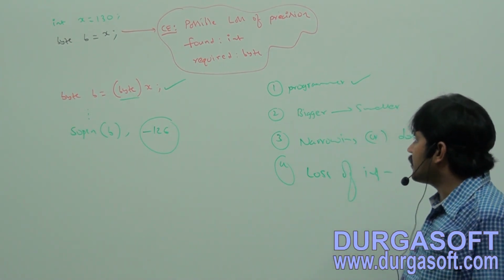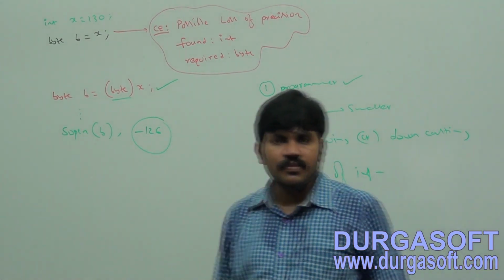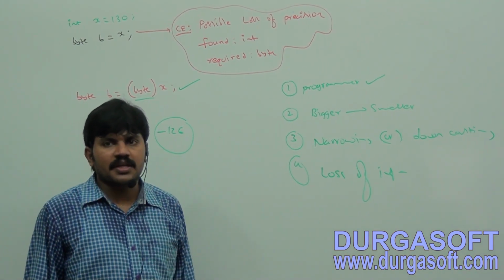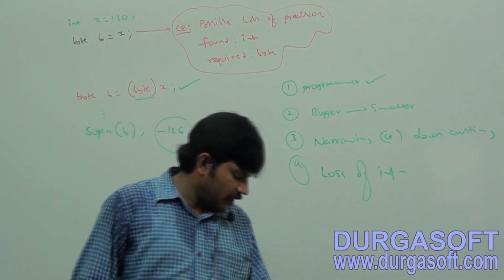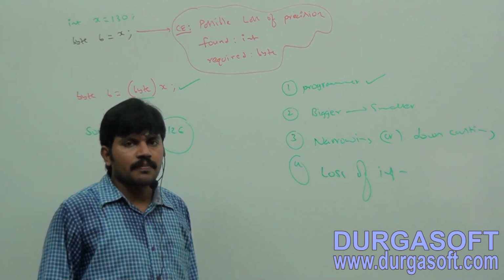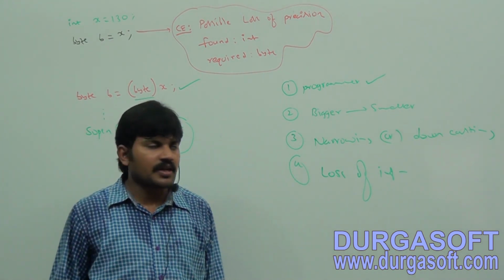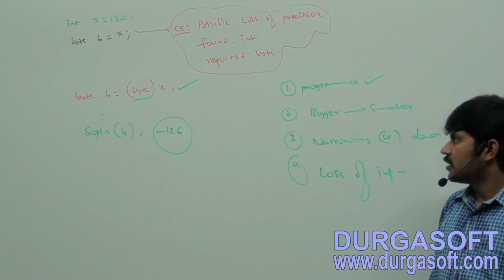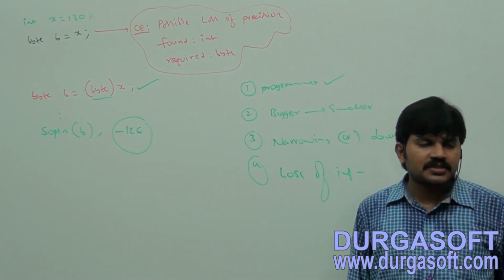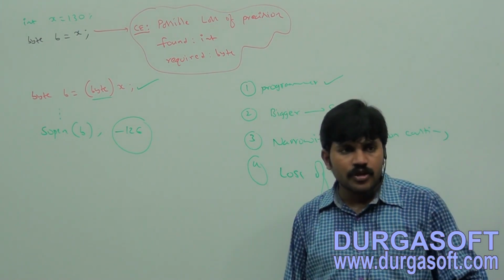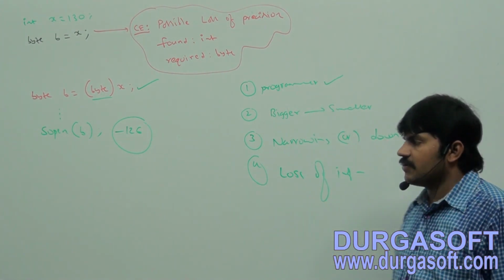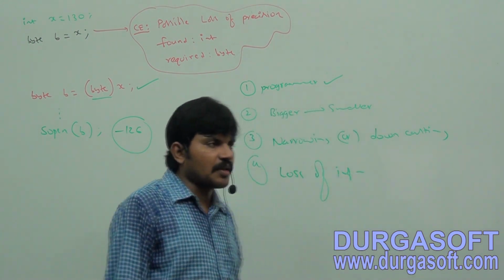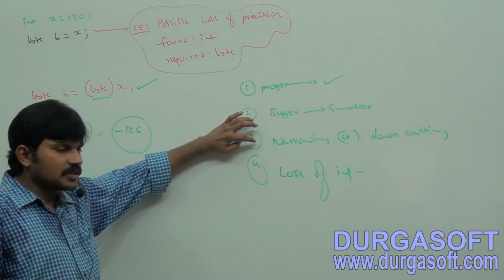Next, second point: whenever we are assigning a bigger data type value to a smaller data type variable, then explicit typecasting is required.